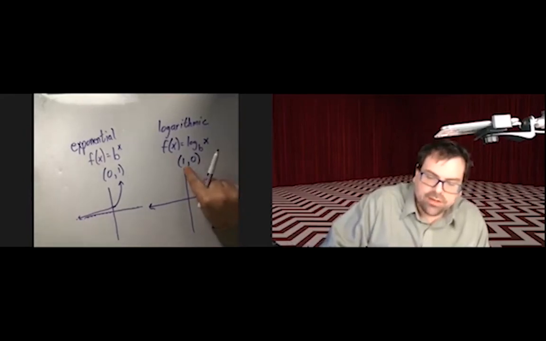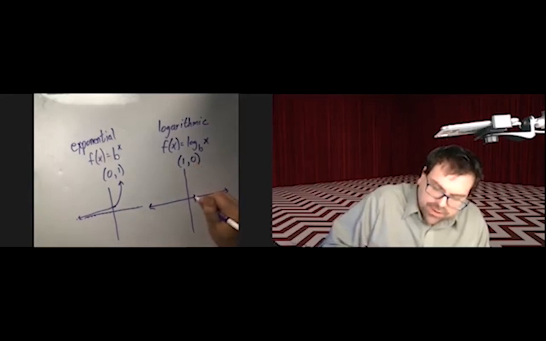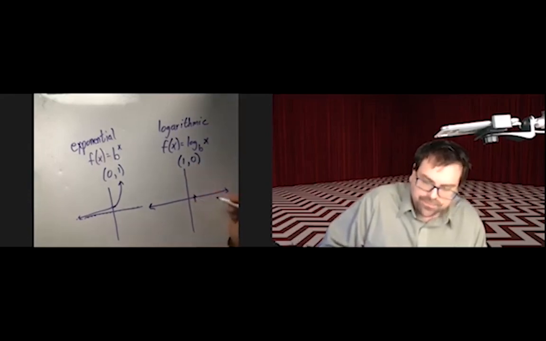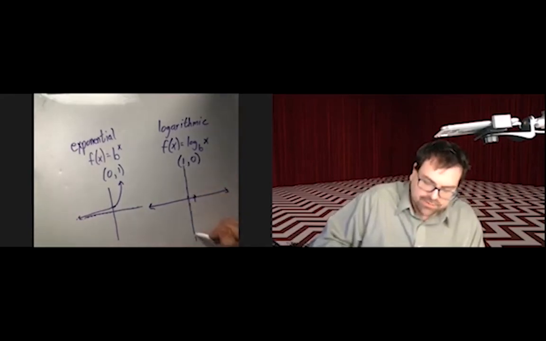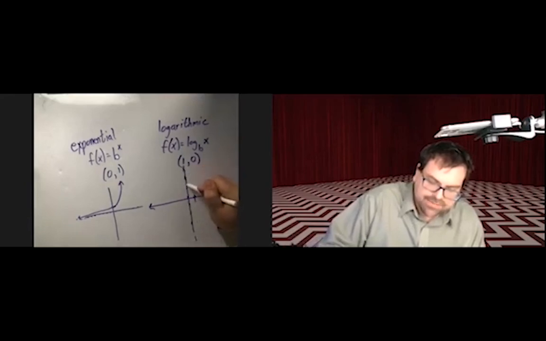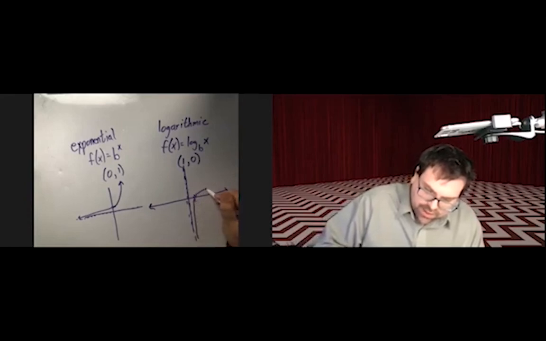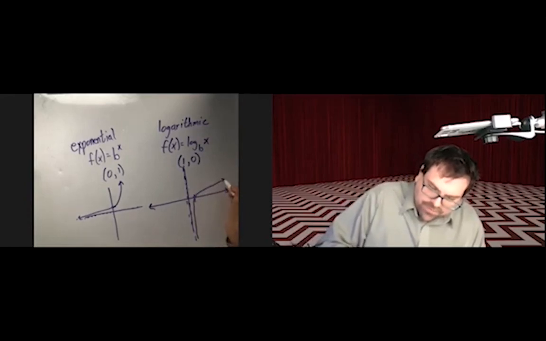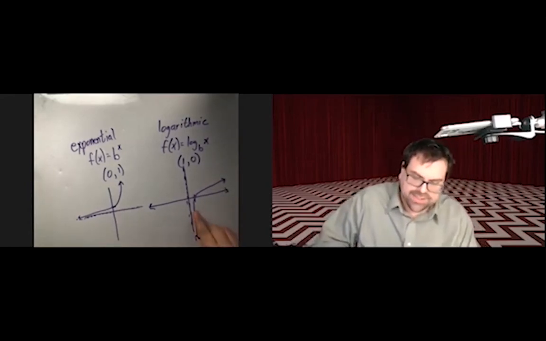That means that the log of 1 is always 0. This one has a vertical asymptote on the y-axis. It rises very steeply until it gets above the x-axis, and then it kind of slows down.